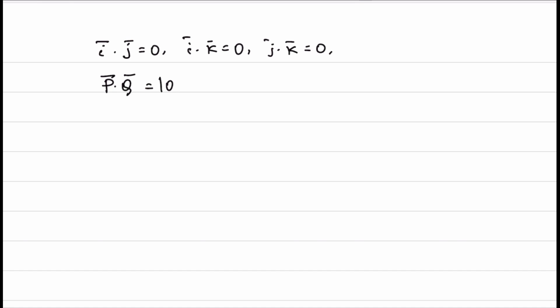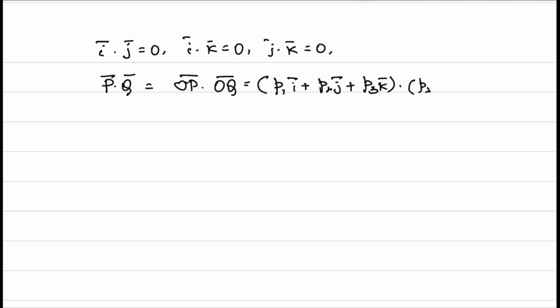That is vector OP dot vector OQ, which is equal to P1 I bar plus P2 J bar plus P3 K bar dot Q1 I bar plus Q2 J bar plus Q3 K bar, where P1, P2, P3 are the components in the x direction, y direction and z direction.